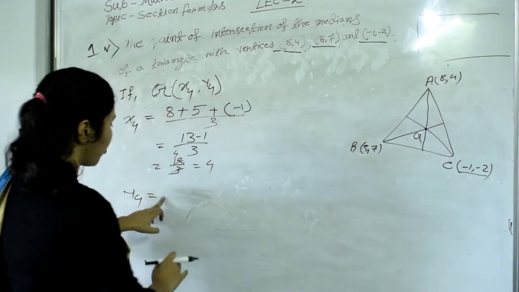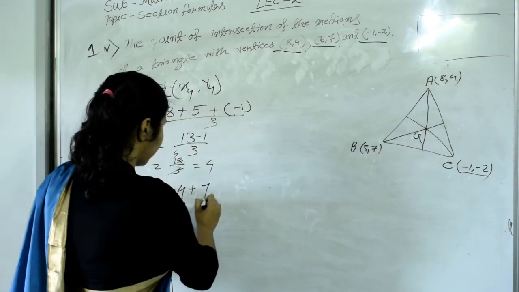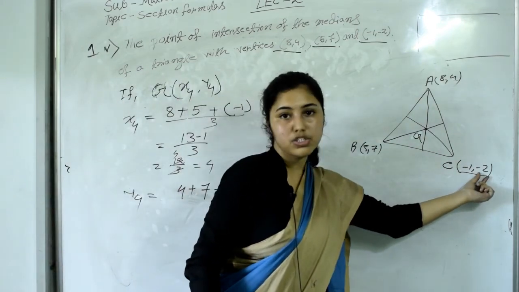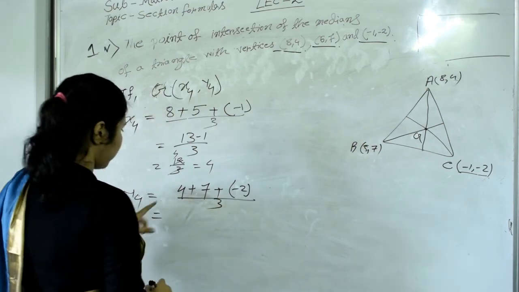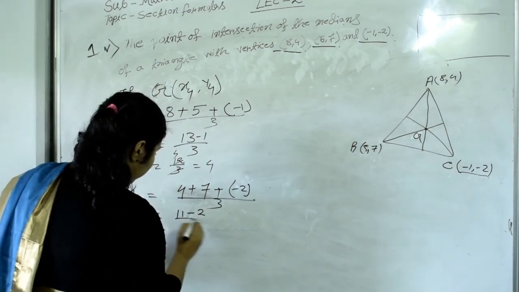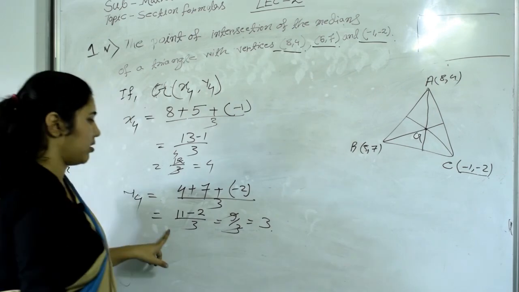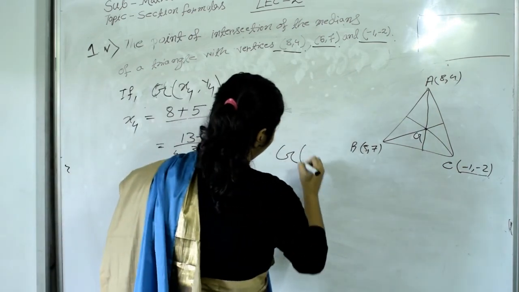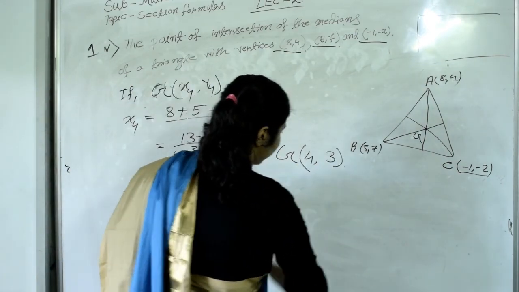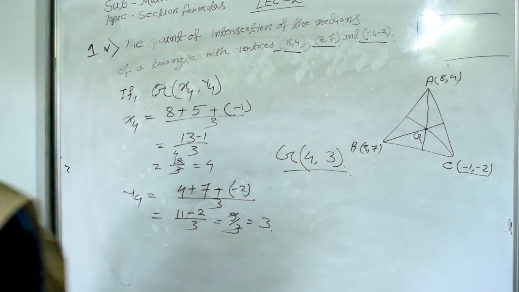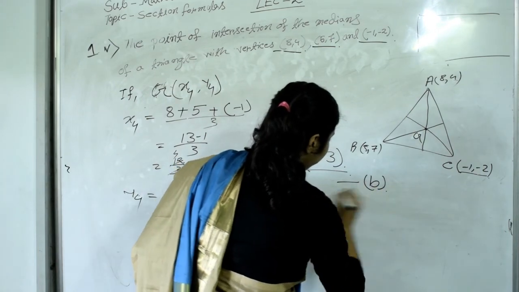Now put the values of y1, 4 plus 7, y2 plus -2, which is y3, by 3. So 11 - 2 by 3, which is 9 by 3, 3 3s are 9. So the coordinates of the centroid are 4, 3. So our correct answer is option B.